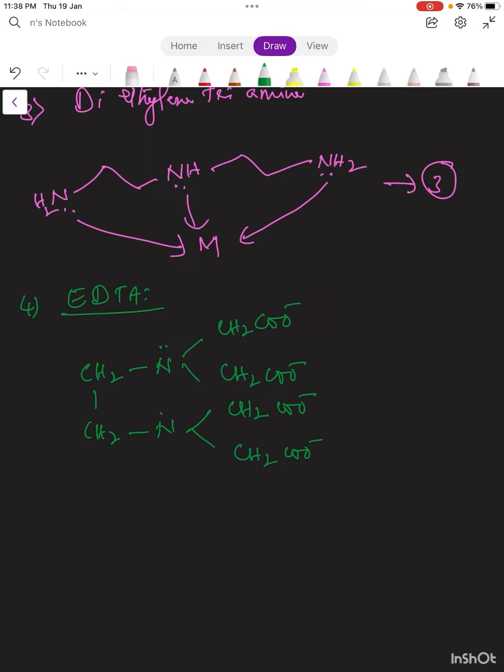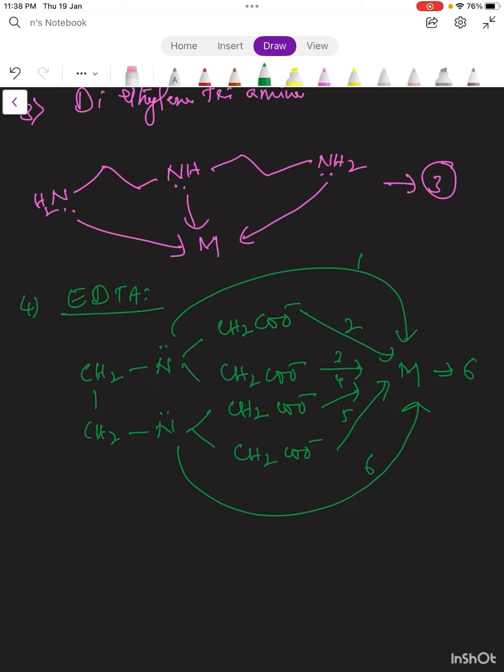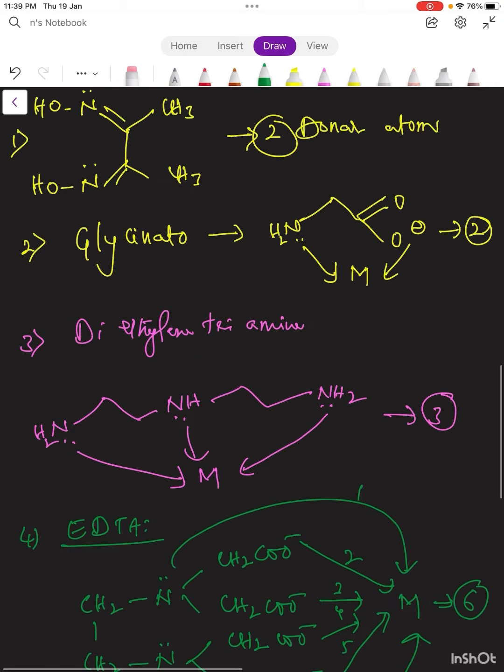So 2 nitrogens are having 2 lone pairs. Here this oxygen is giving electrons to the metal. This carboxylate, this carboxylate, even the nitrogens can also give. So total how many? 1, 2, 3, 4, 5, 6. So 2, 2, 3, 6.